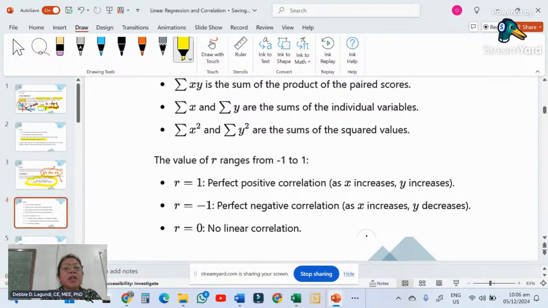Reiterating the ranges of the correlation. If R is equal to 1, it says here it is perfect positive correlation, because X increases as Y increases as well.